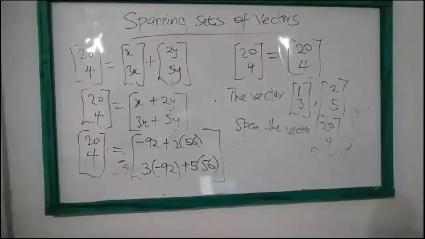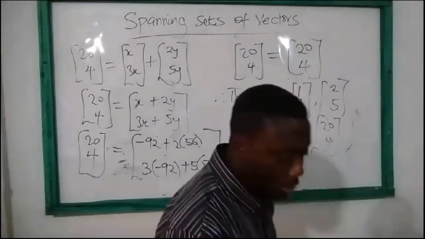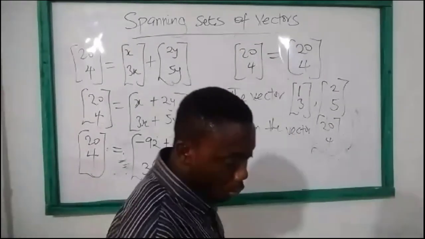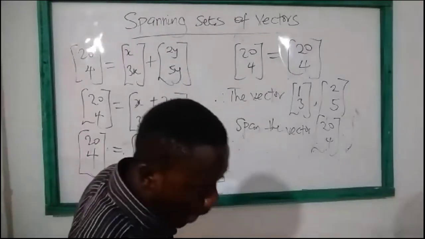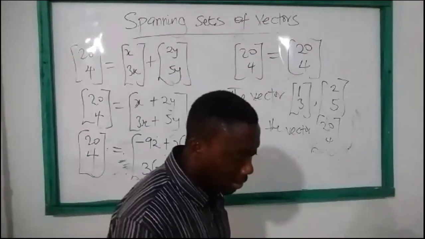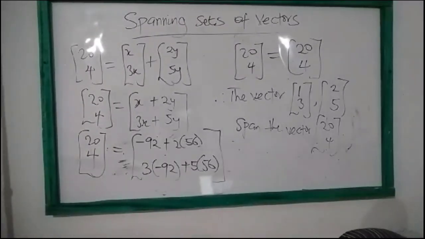So are you talking about changing it to RREF? Yes, you can go ahead and do that. Where we just used the REF, you can also go ahead and change it to RREF, and then automatically the values for X and Y will just be there.